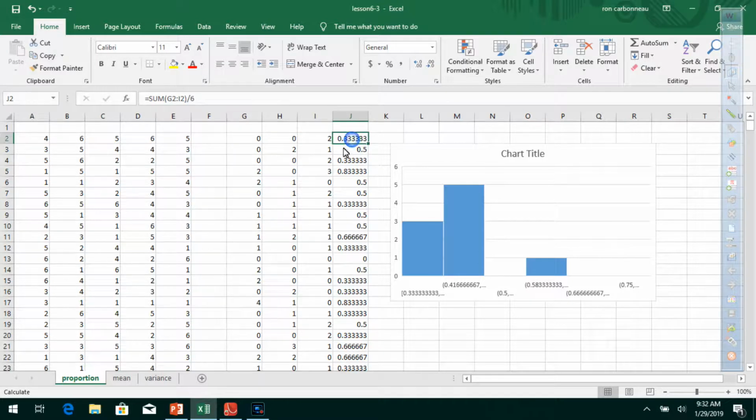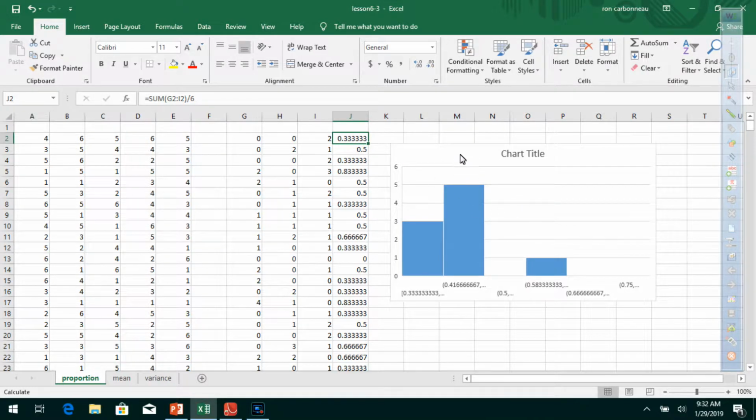And this here is the proportions of 1s, 3s, and 5s. So basically, I am getting the proportion of odd numbers on a die. And in this particular one, there were 2 odd numbers out of 6, or 1 out of 3.